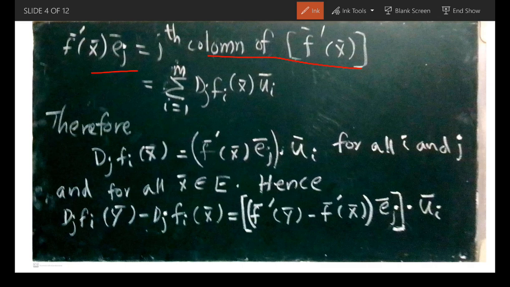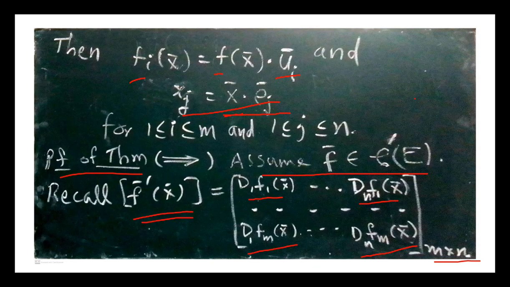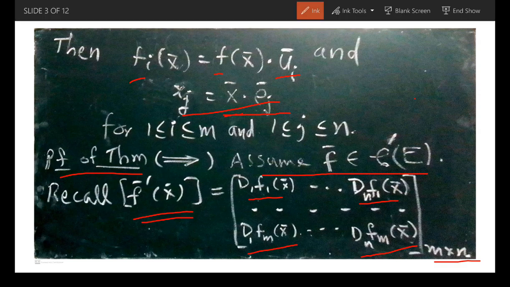But what is the jth column of f'(x)? It is the vector in Rm given by Dj f1 of x, Dj f2 of x, etc., Dj fm of x. That m-tuple, in the linear combination notation, is the jth column. I will show you the matrix again. So what is the first column? D1 f1, etc., D1 fm, that m-tuple.